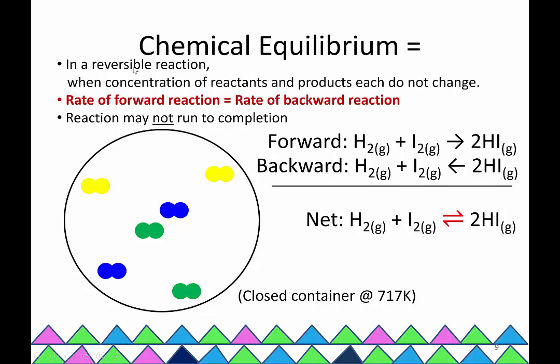So this is an example of chemical equilibrium. In a reversible reaction, when concentration of reactants and products do not change, we say that we're at chemical equilibrium. It doesn't mean that the reaction's not still happening. We're at this dynamic equilibrium. So the rate of the forward reaction is equal to the rate of the backward reaction. So you may not have this reaction go completely to the right, or what we say go to completion.